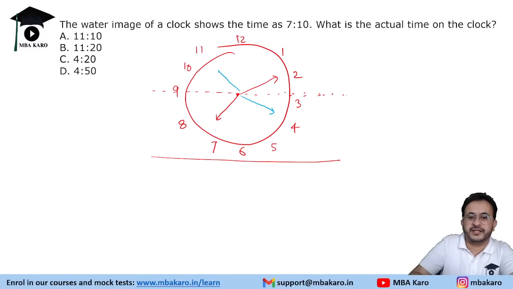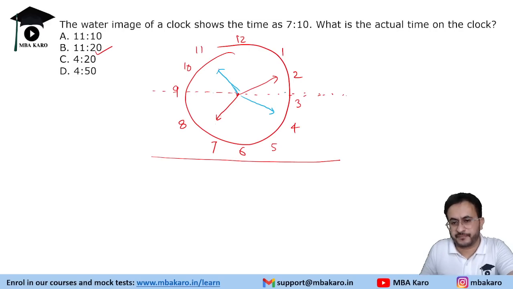So it will be between 10 and 11, and this is 20. So two numbers this side and two numbers this side. So we will get 11:20.